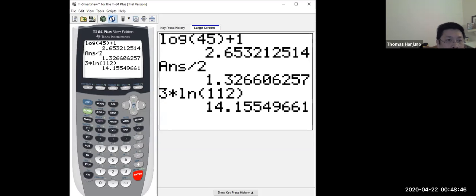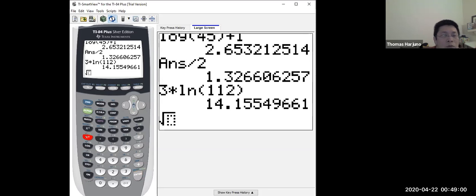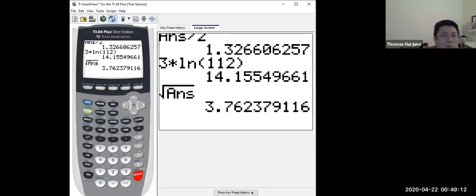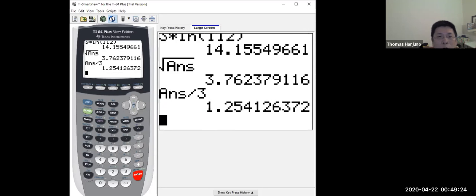You need to find it on your own calculator, but because square root is the inverse of x squared, it's usually the second of x squared. Anyway, I will do the square root of this. So second square root, and then I want to get the answer: second answer, enter. Now this is the square root of 3 natural log of 112, whatever that is, divided by 3. It's 1.25413.